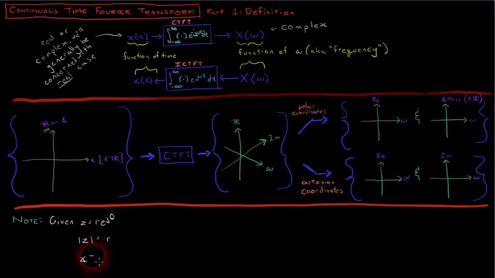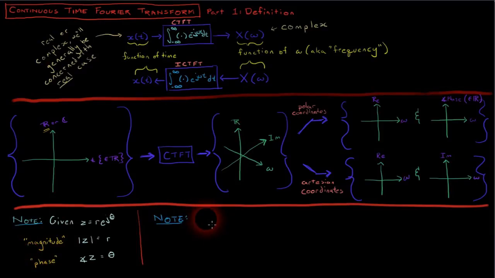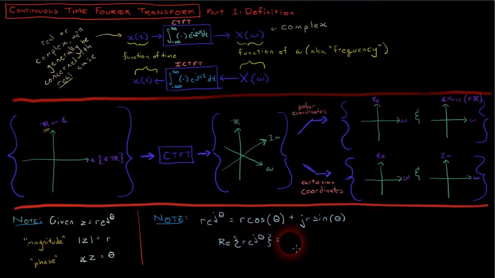When we describe a complex exponential in terms of its real and imaginary parts, we invoke Euler's formula, which states that r times e to the j theta is equal to r cosine of theta plus j r sine of theta, so that the real part of r e to the j theta is equal to r cosine of theta, and the imaginary part is equal to r sine of theta.